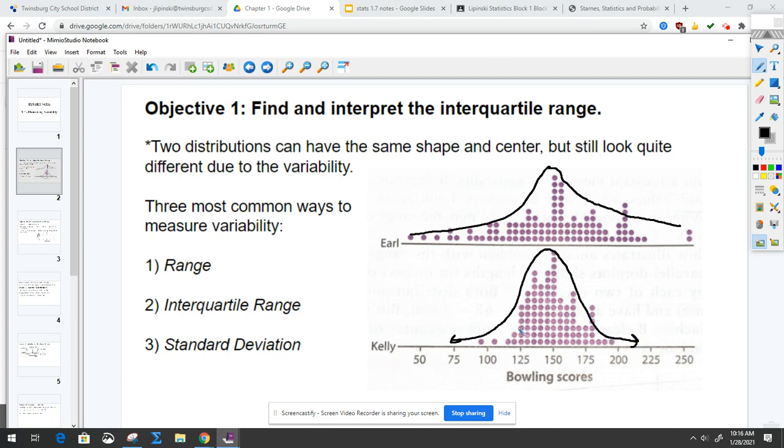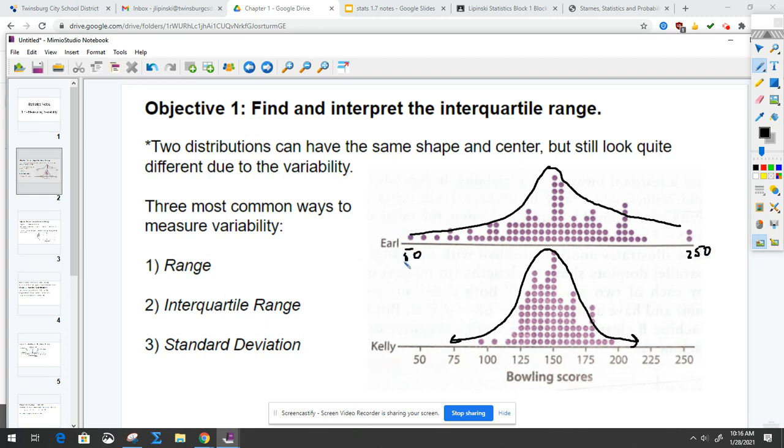They don't have the same exact type of data, to where if we looked at the range for the top one for Earl, and this is talking about bowling, you could say that this was at 250 and this is 50.